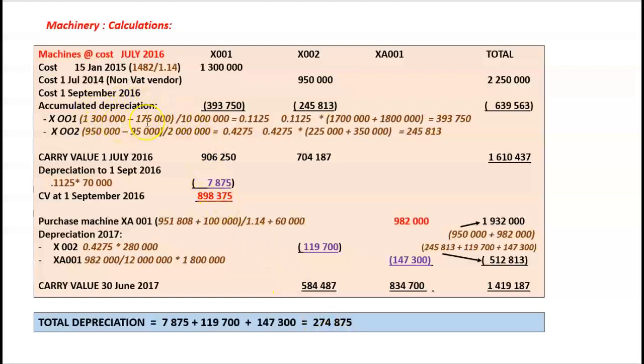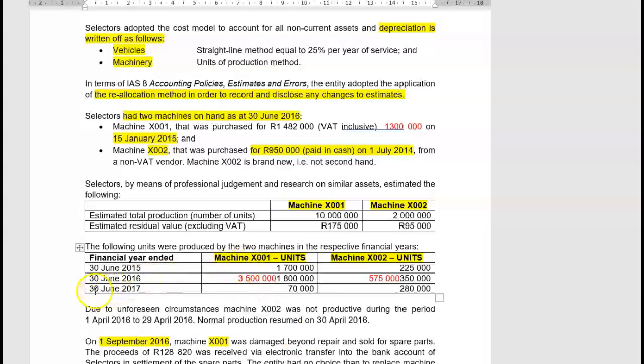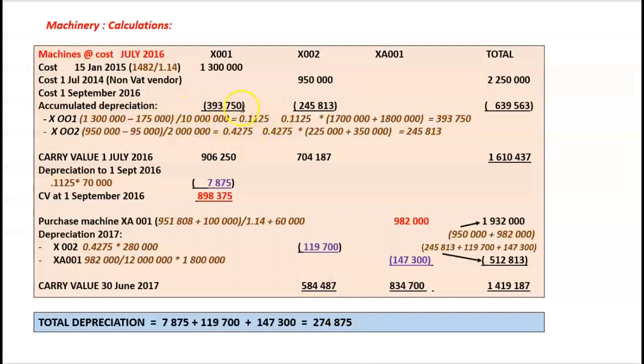1.3 million. Oh, there is an estimated residual value. Sorry, there is our estimated residual value. It's 175,000 Rand. So it is 1.3 million less the estimated residual value of 175,000 divided by 10 million multiplied by 3.5 million to get to our total depreciation charge there.